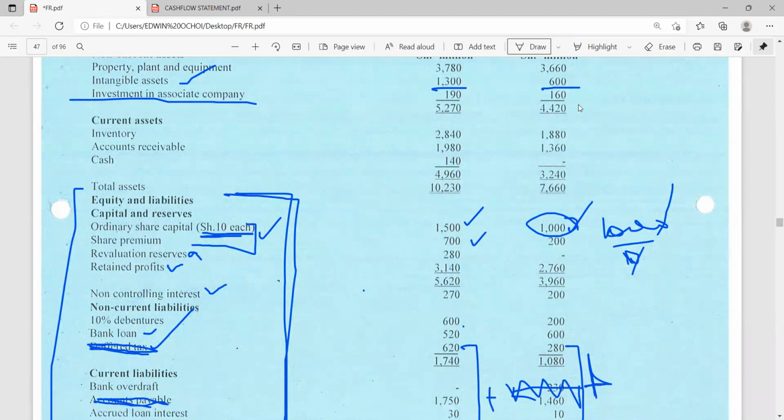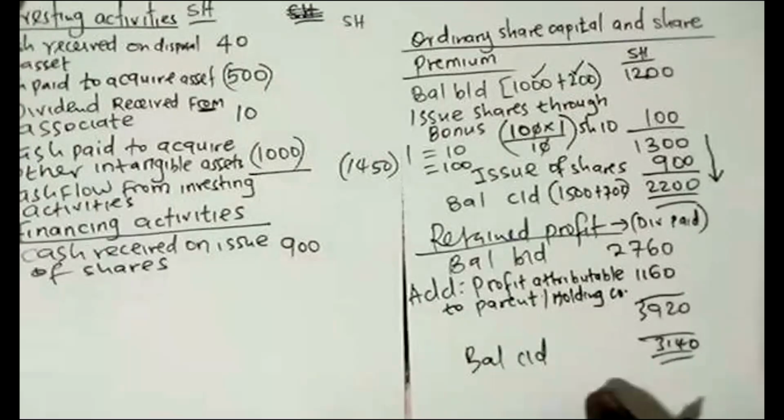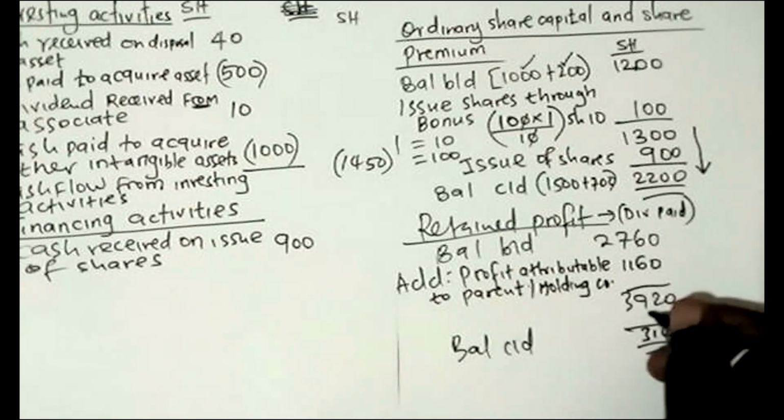So the reduction from 3,920 to 3,140 means that that reduction is all about the dividends they paid, the dividends they paid of 780.